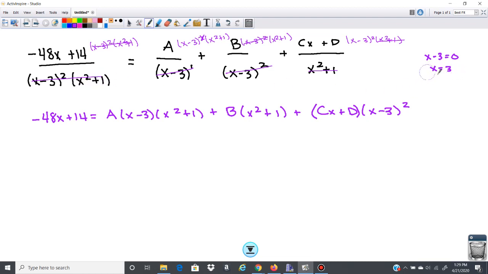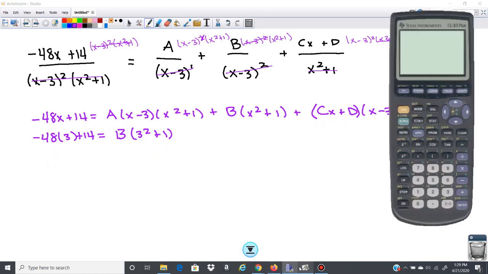So this is really the only one that I can use, my asymptote. So I'm going to plug a 3 in and see what that gives me. When I plug a 3 in here, 3 minus 3 is 0, so this whole thing doesn't even matter. When I plug it into B, I'm going to get 3 squared plus 1. And with the C, 3 minus 3 is 0, times all of that, so that goes away too. So this is going to help me find B.